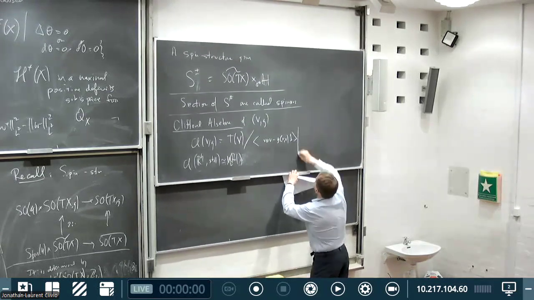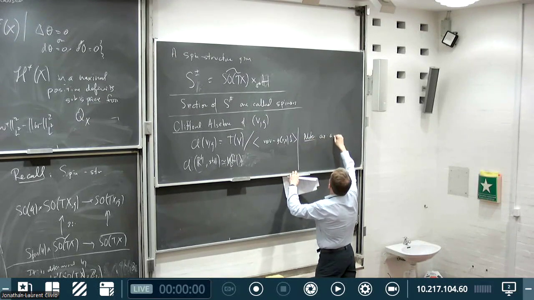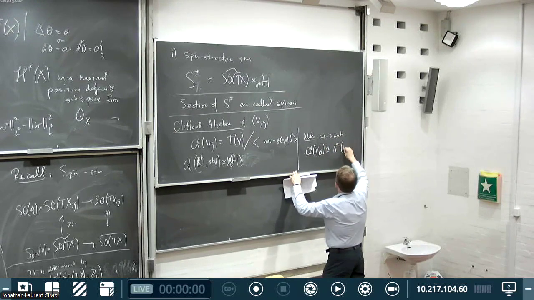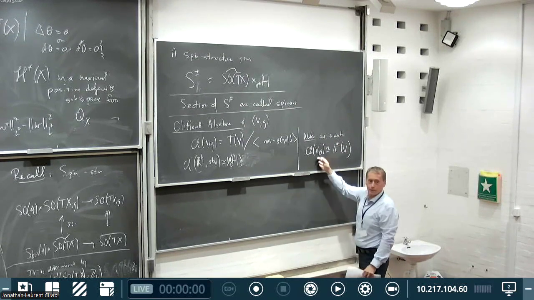So, Clifford algebra. One thing to notice is that as a vector space, the Clifford algebra of V is isomorphic to just the exterior algebra of V. That tells you what its dimension is.